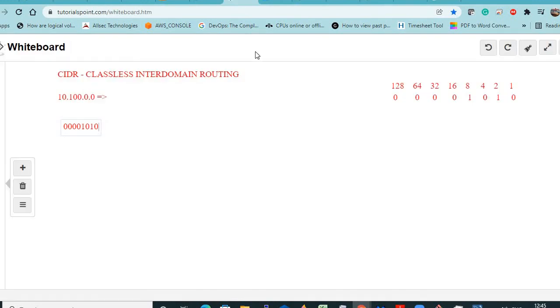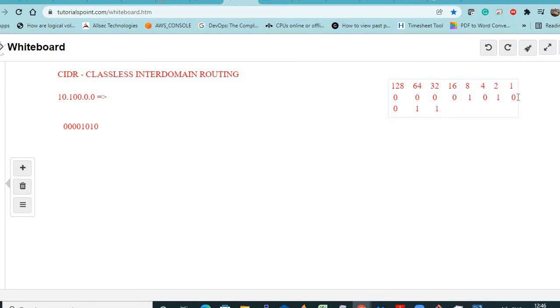So I represent 10 as this. Now tell me for 100. 128 is obviously greater than 100, so I will put 0 here. I put 1 for 64. Then what is 64 plus 32? 96.